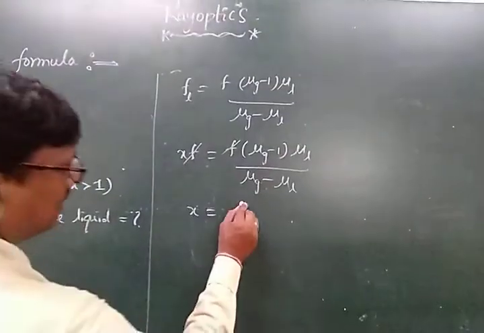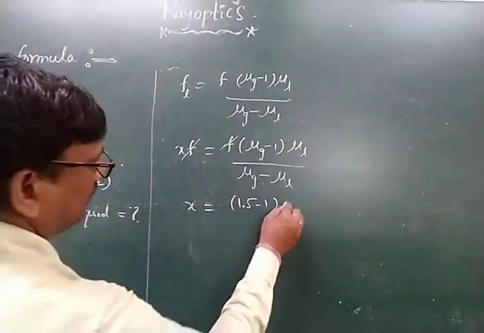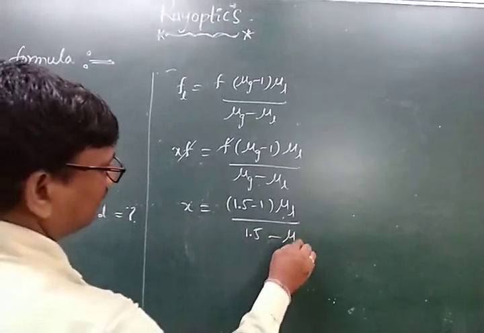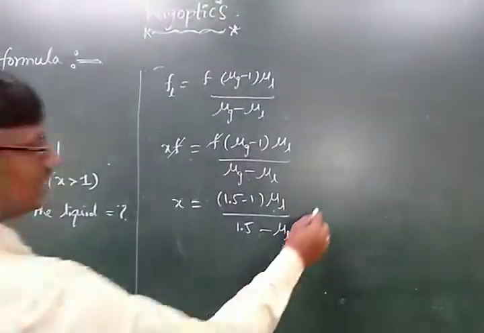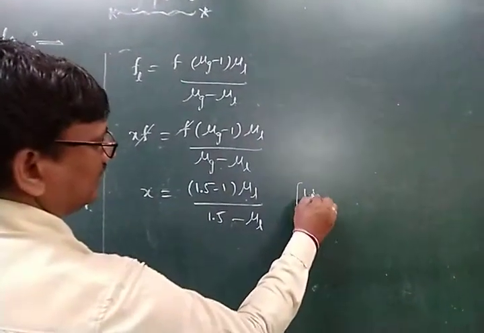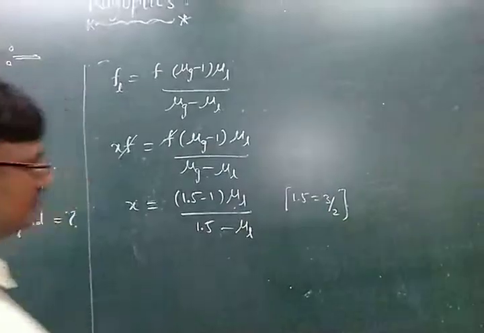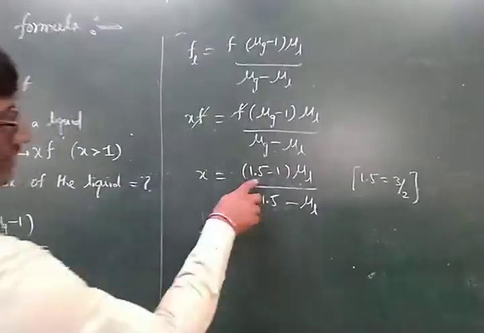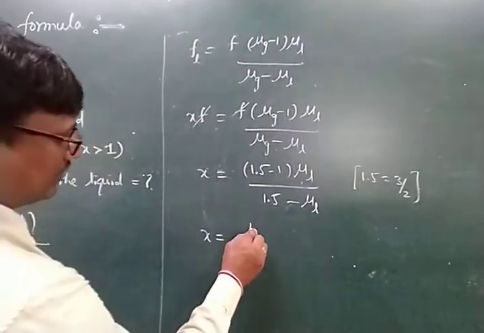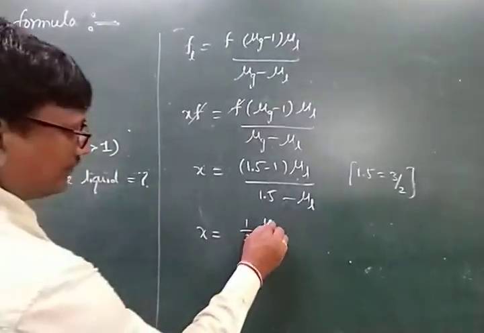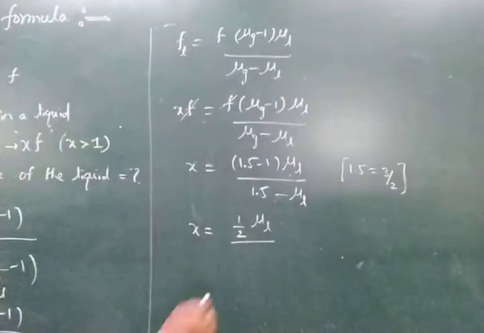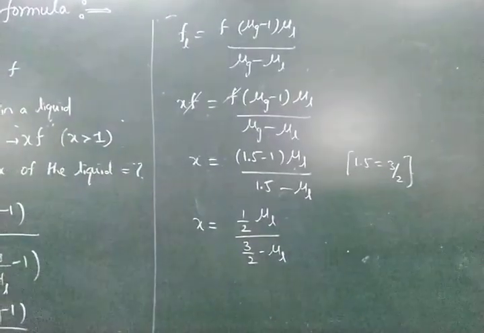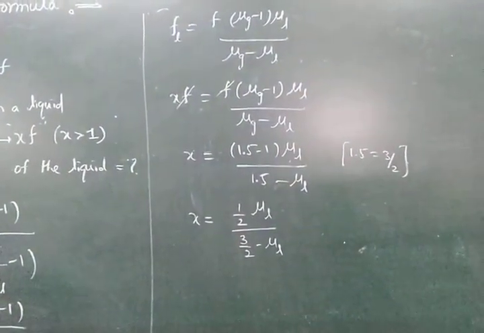So we can write 1.5 minus 1 into refractive index of liquid by 1.5 minus the refractive index of liquid. We can write 1.5 as 3 by 2, the same value, no change. 0.5 is nothing but 1 by 2, into refractive index of liquid by 3 by 2 minus refractive index of liquid. This is the formula.